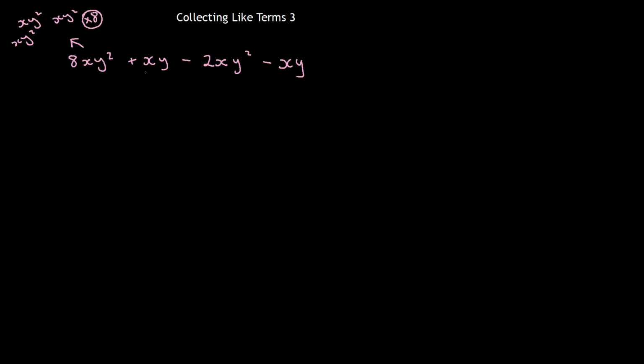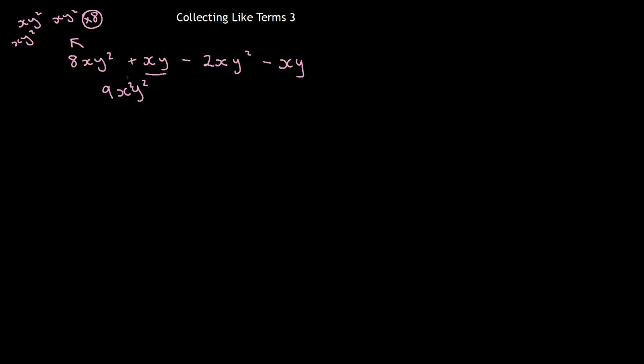This xy here has only 1. Now you might be thinking, I can possibly add these up together and say this equals 9xy squared, or xy, or x squared y squared. Could we actually do that?